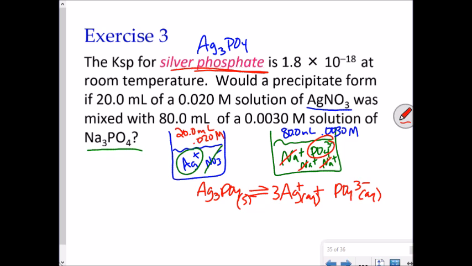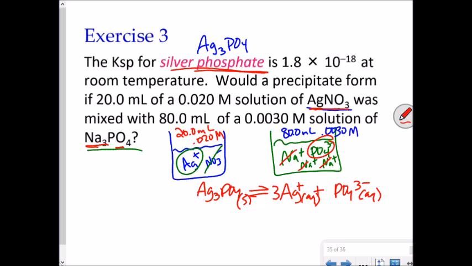If you look at their formulas, silver is 1 to 1 here, so we don't have to worry about doubling or tripling our concentration. In this one, the sodiums are tripled, but the phosphate's still 1, so we don't have to worry about doubling or tripling that concentration either. Although if you had one where you had to, you would double or triple the concentration if they had a subscript. You see what I'm saying?